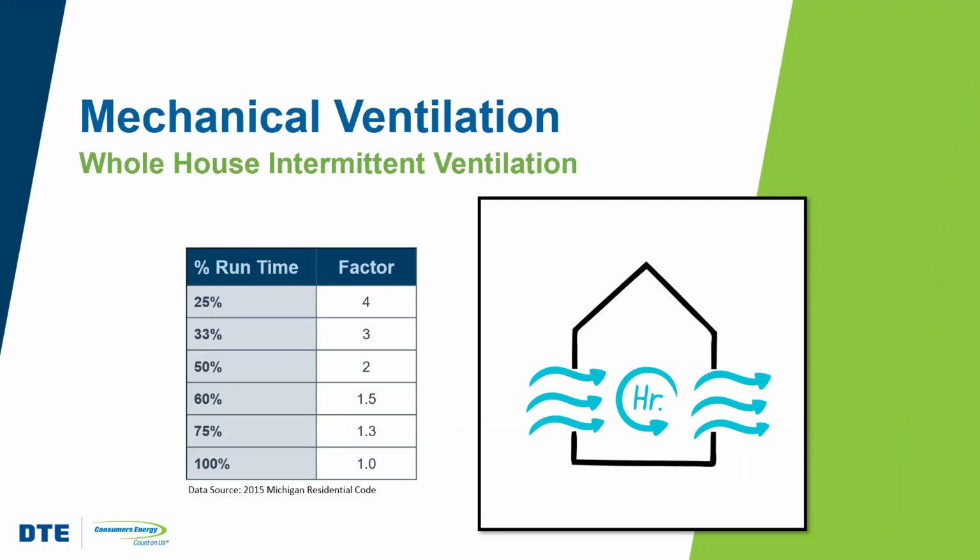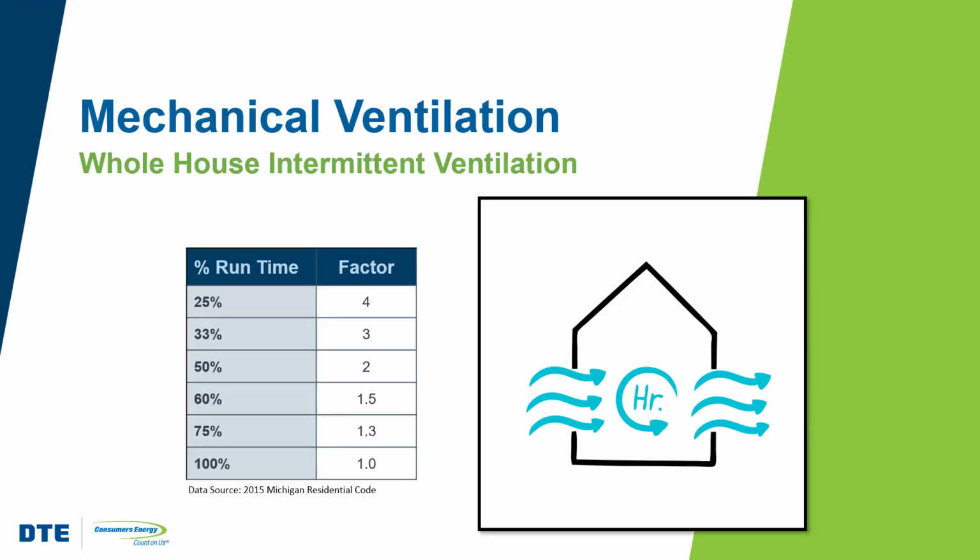The ventilation rate doesn't have to be continuous. It can also be intermittent, meaning it can start and stop. Now, when you use an intermittent rate of ventilation, it has to be higher than the continuous rate, because it has to compensate for reduced fan runtime.